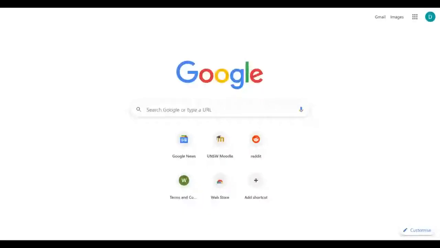Right, so you should all see my Chrome, just a Chrome tab now.